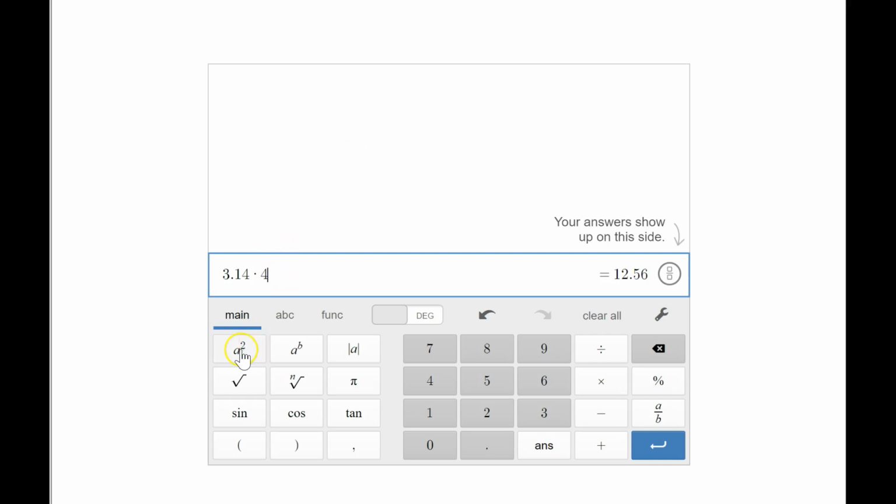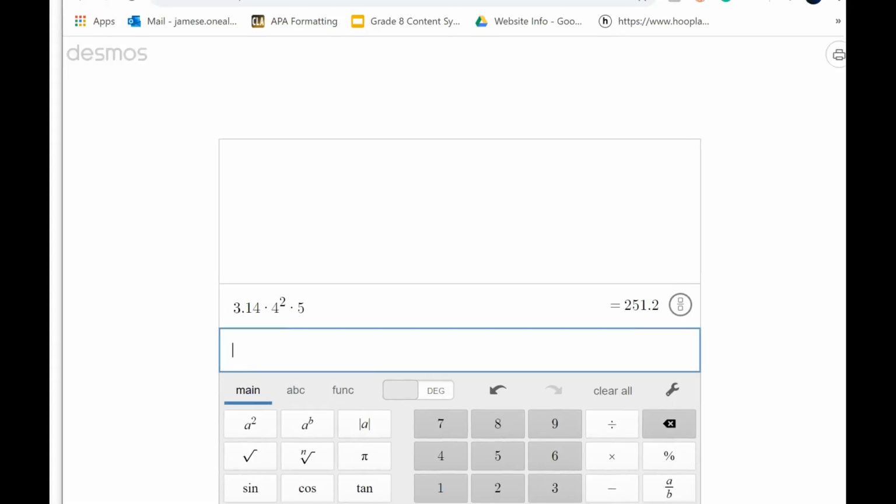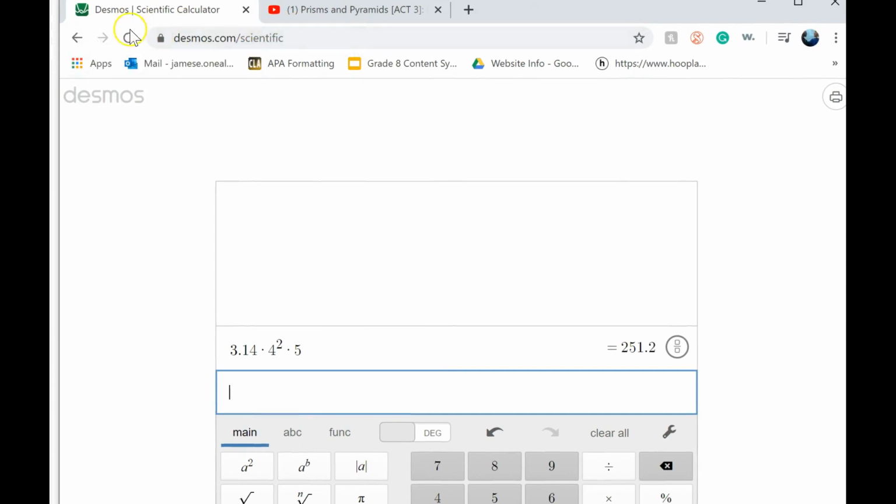The squared button is right here. And then times, say the height was 5. There it is. Your answer is 251.2. So if you want to get a calculator, it's just Desmos. Here is the actual desmos.com/scientific.